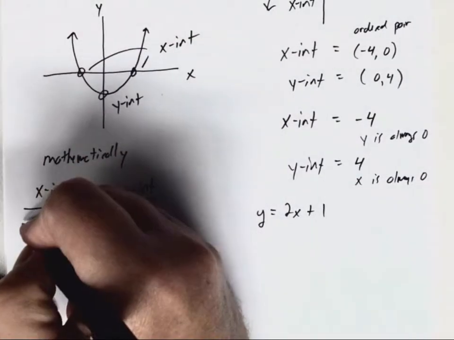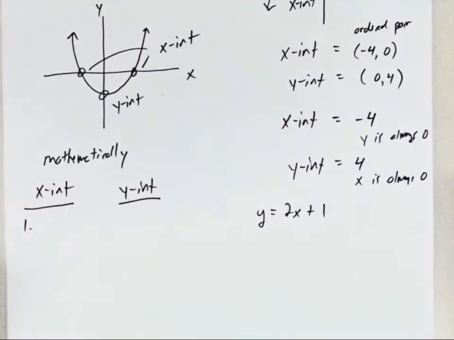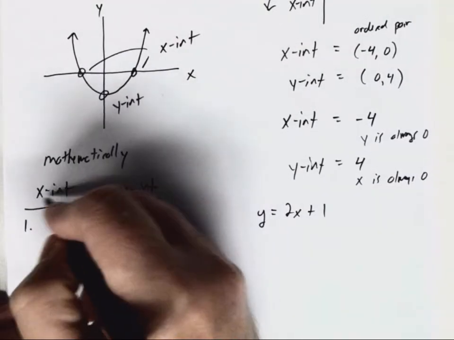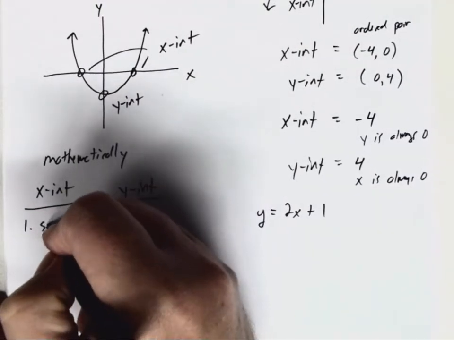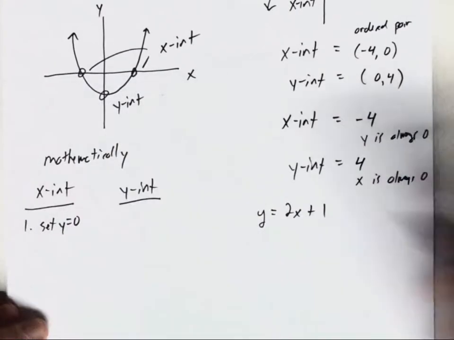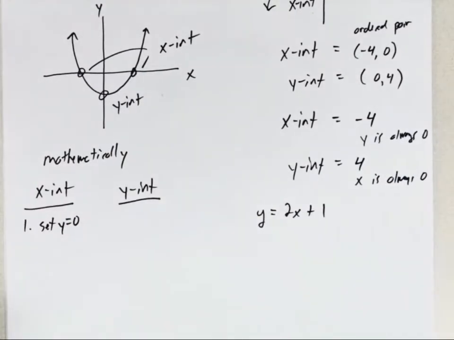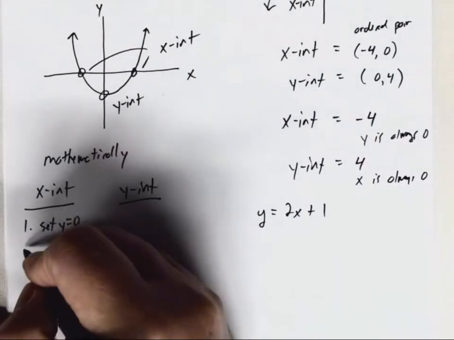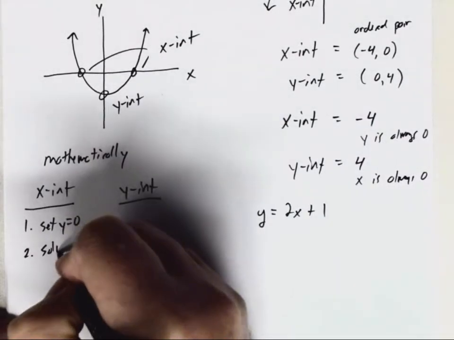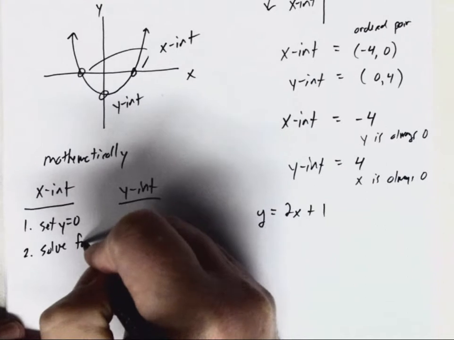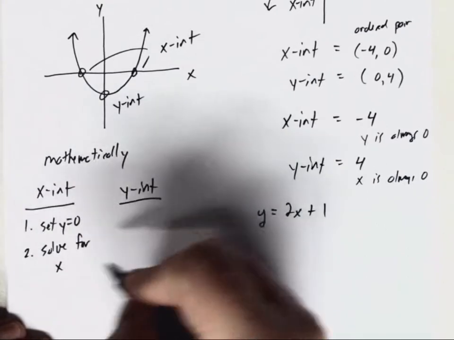Here are the steps. If you're given an equation or a function and you're asked to find the x-intercept, you go to your equation and you set y equal to 0, and then you solve for x.